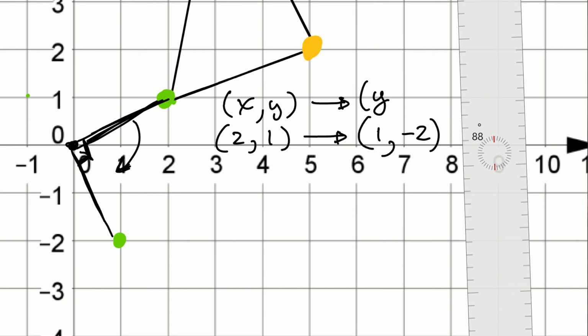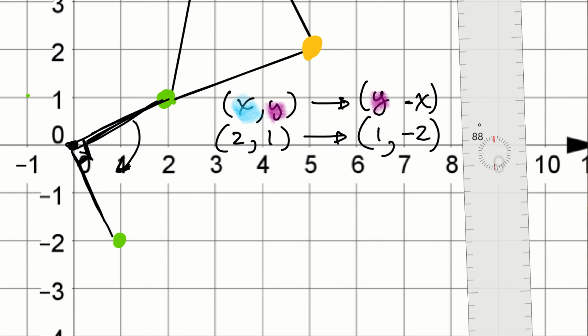My former y value went into the spot where x was. And the x value, which was 2, went to the spot where y was, but I also took the opposite of it. So this becomes a roadmap for all of these spots.